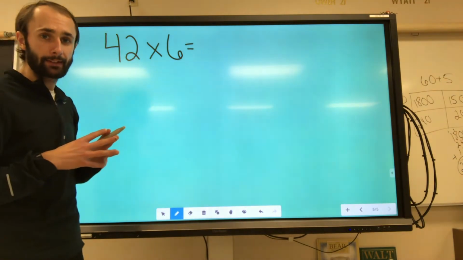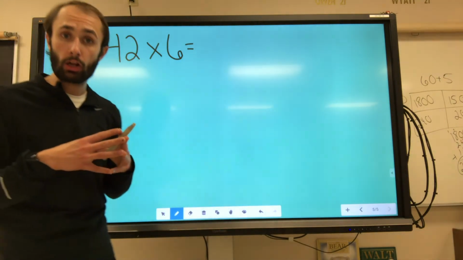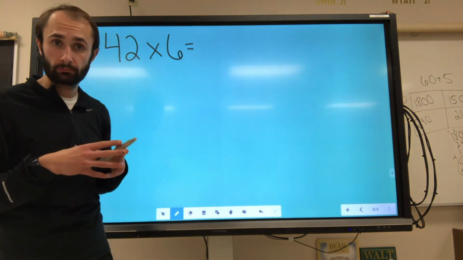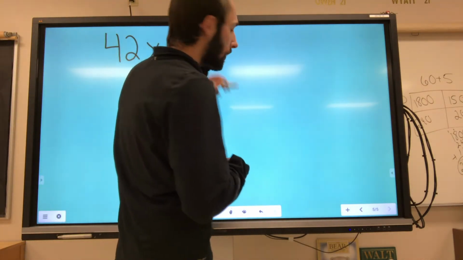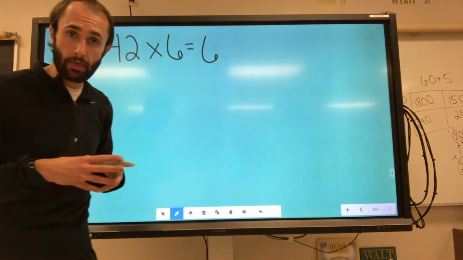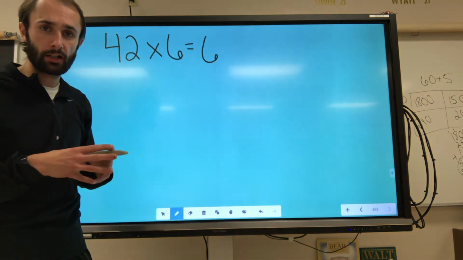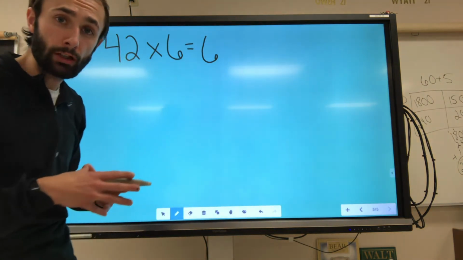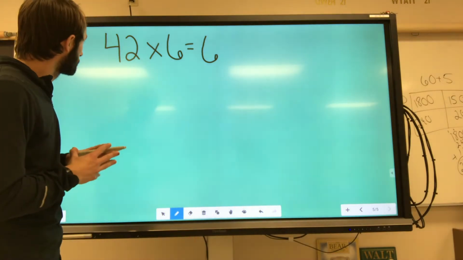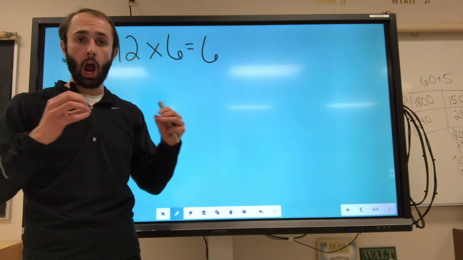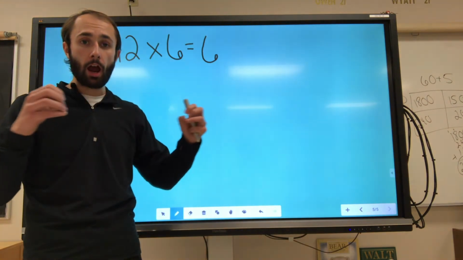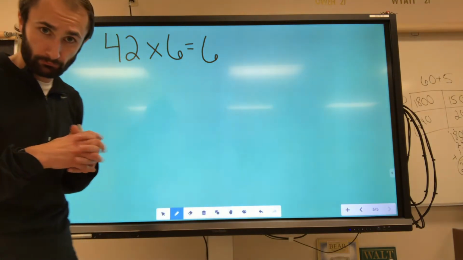Let me start off with the single-digit number, and as we all know, the single-digit number is 6. We will now multiply that by our other number, which is 42. But we need to multiply that by expanding it apart.